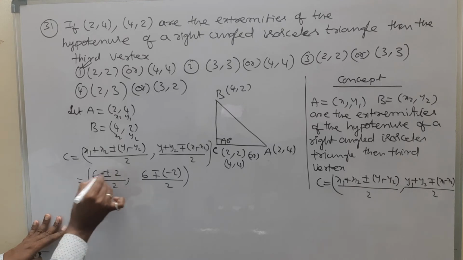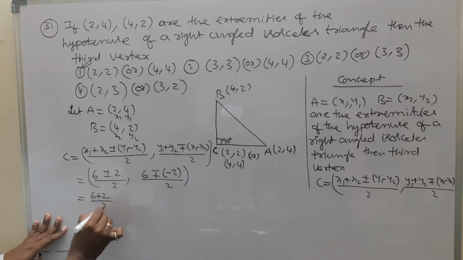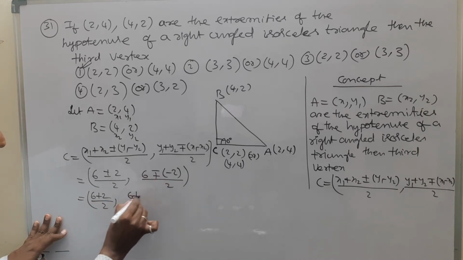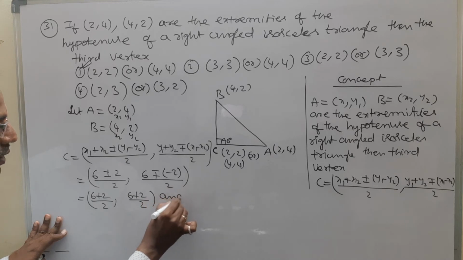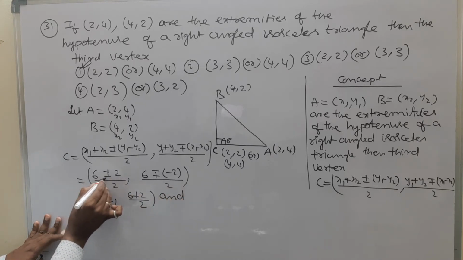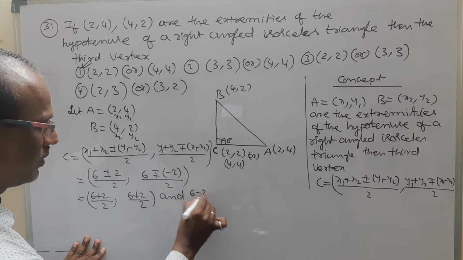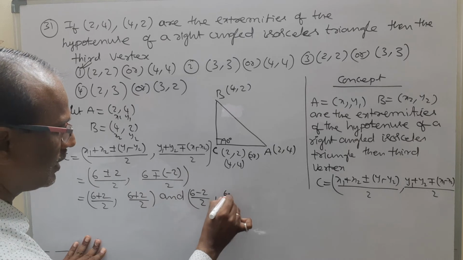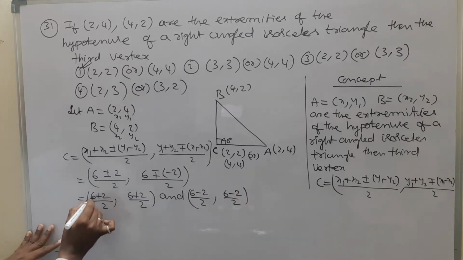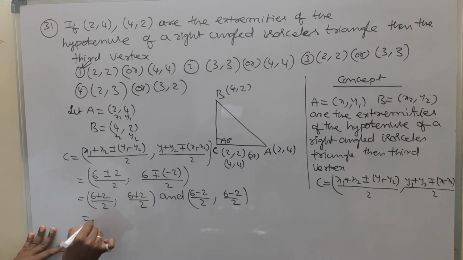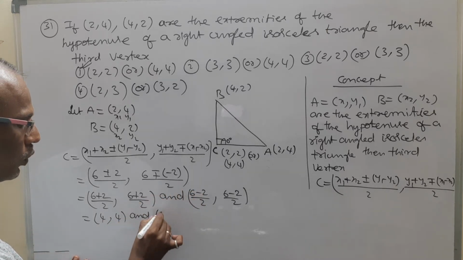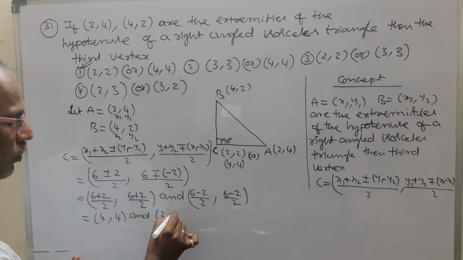Here for the first one, x coordinate (6 plus 2)/2, and the second one (6 minus 2)/2. For y, minus into minus gives plus, (6 plus 2)/2, and plus into minus gives (6 minus 2)/2. 6 plus 2 is 8, 8 by 2 is 4. 6 minus 2 is 4, 4 by 2 is 2.